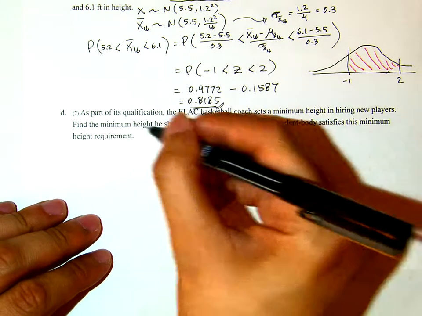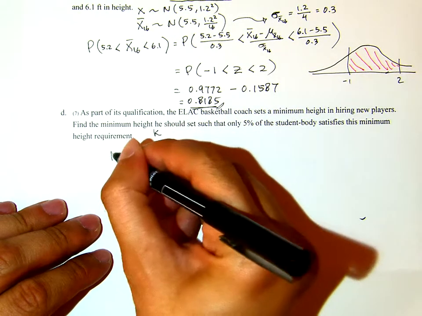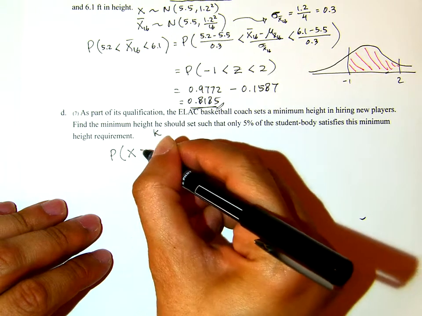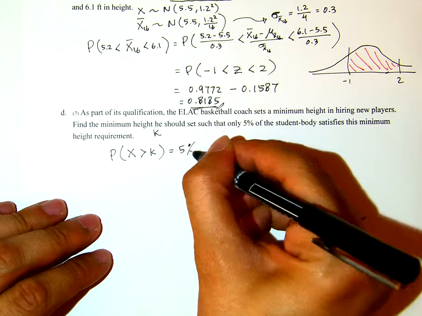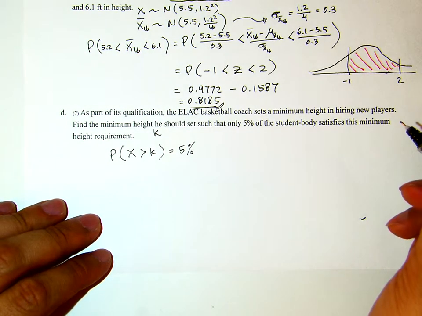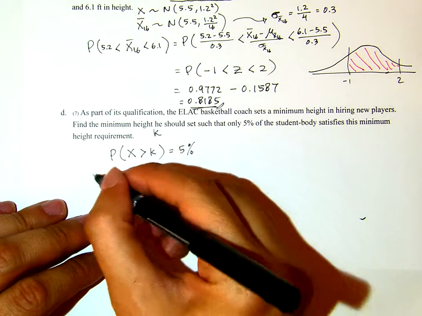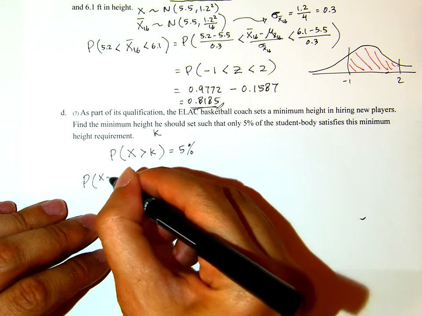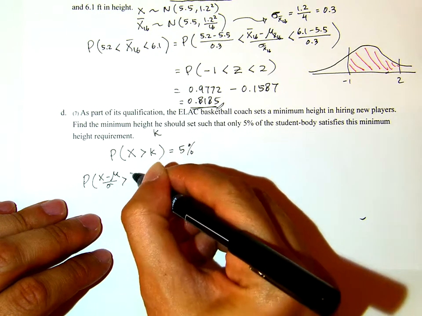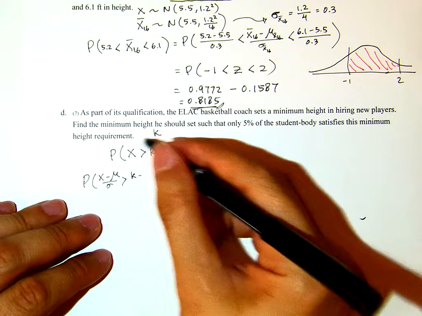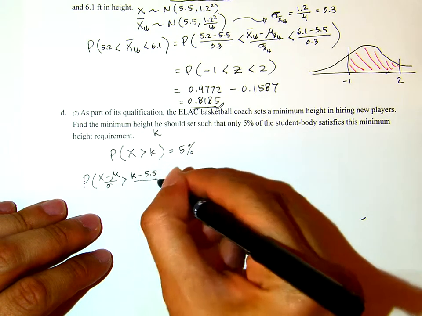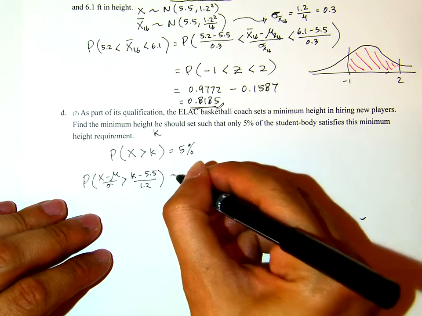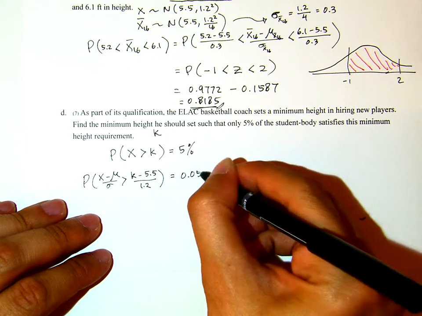Let's say that height requirement is K. He needs to set K such that only 5% of the student population is taller than K. I will standardize that: the distribution of X has average 5.5 and standard deviation 1.2, and the probability is 0.05.